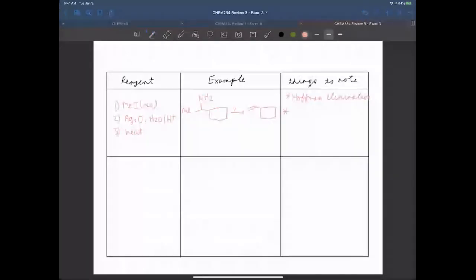Okay, so if I had this material here and I made a Hofmann elimination, what I can do after that is, well, I'm sure you guys know some of your alkenes already, right?